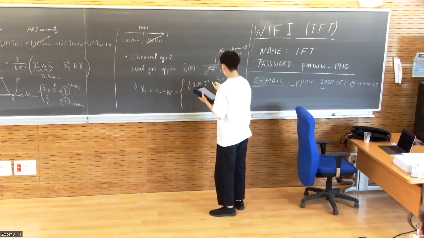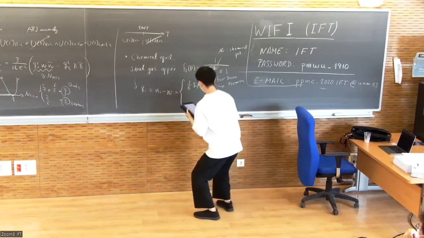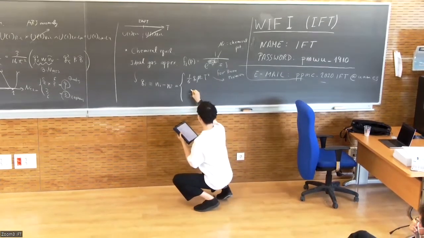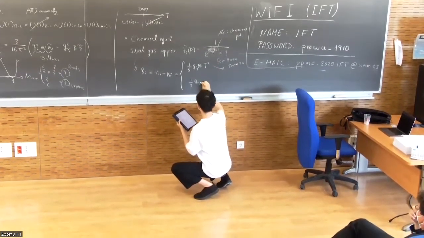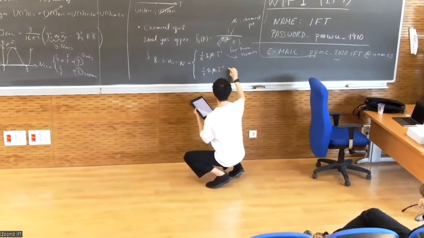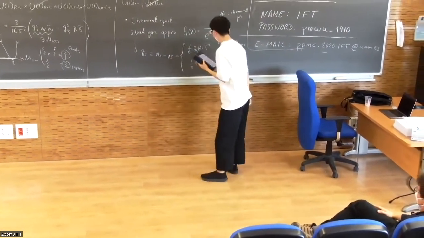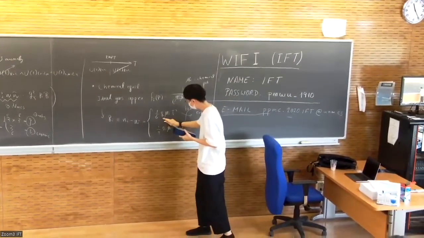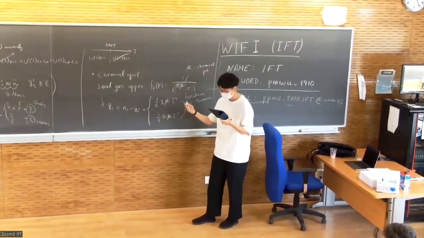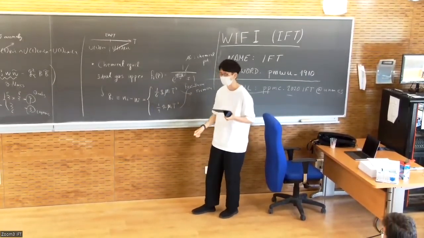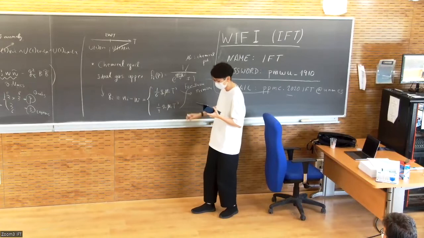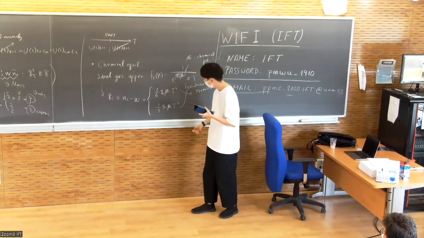This is for baryons, actually, and this is for bosons. g_i denotes the multiplicity, the degrees of freedom. For a right-handed lepton this is 1, and for a left-handed lepton this is 2.